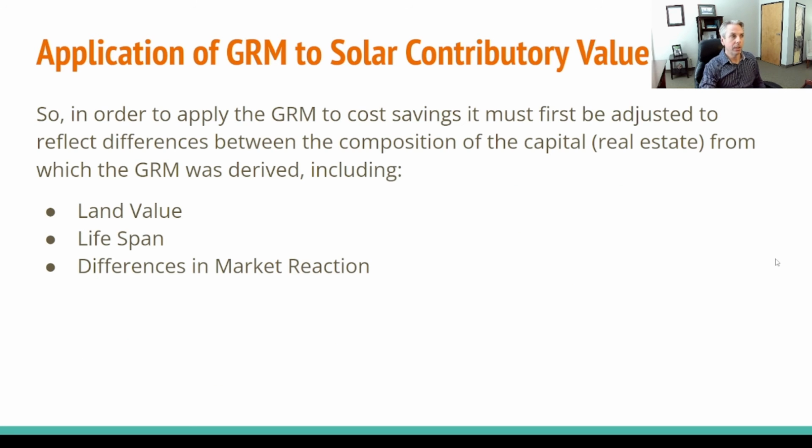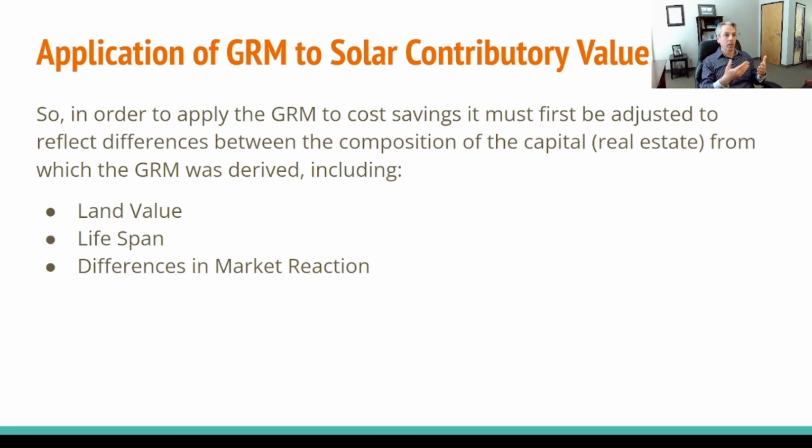So what we're having to ask then, in order to apply the GRM to cost savings, we're going to have to consider those differences. We're going to have to adjust to reflect the differences between the composition of the capital, so that real estate, you've got land and improvements, and then differences in the improvements. You're going to have to adjust for the difference in the amenity, in this case solar, relative to the whole composition that went into that GRM number.